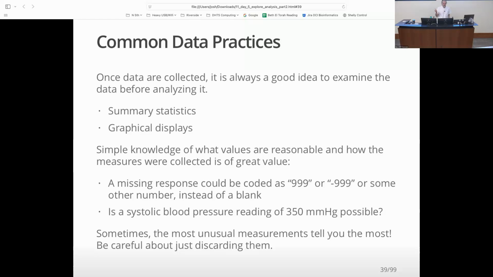It is helpful to think about the data carefully, because I can't tell you the number of times I've encountered data with problems and incorrect conclusions, which could have been avoided if people had spent a little bit of time thinking carefully about the data and whether it actually made sense.